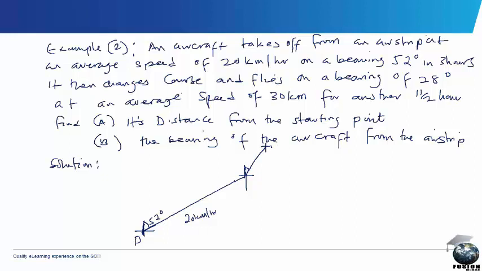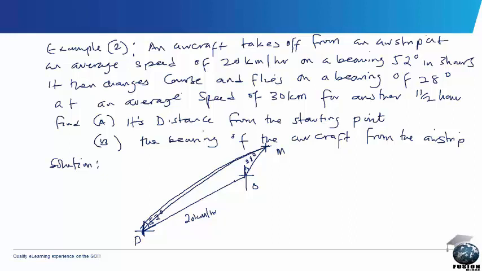Let us call the point where it changed course O, and the point where it stopped M. Alright, so we are looking for the distance of separation. This is the distance of separation we are looking for.